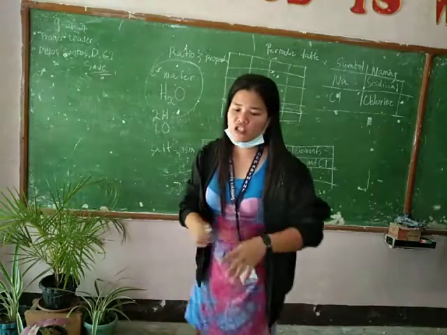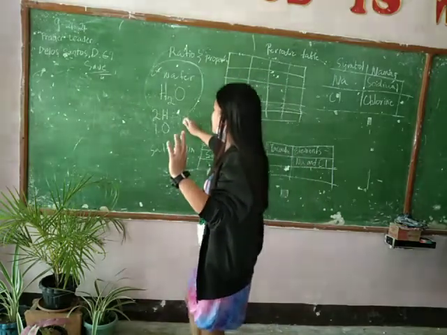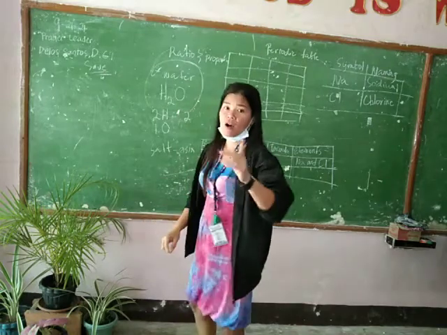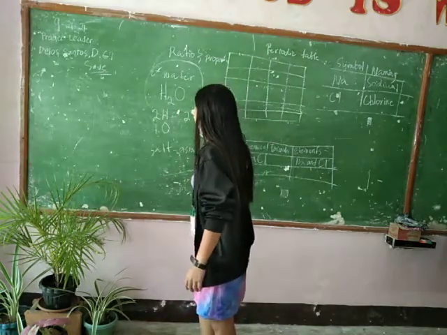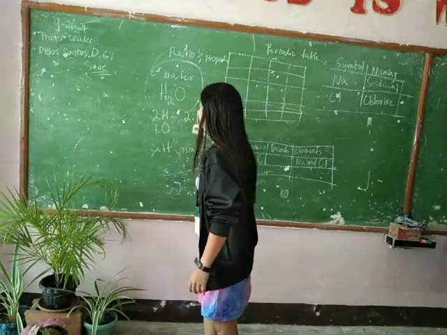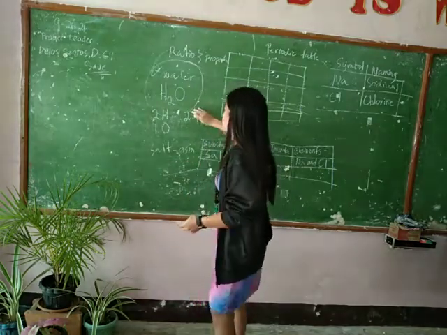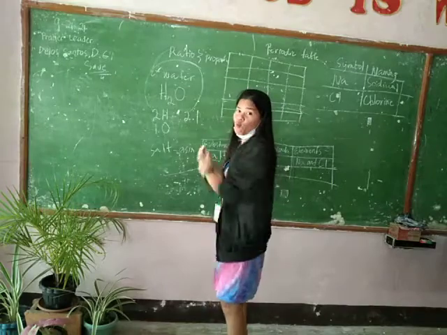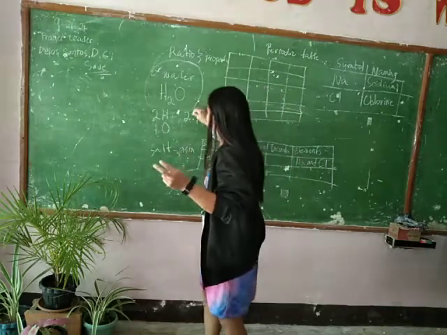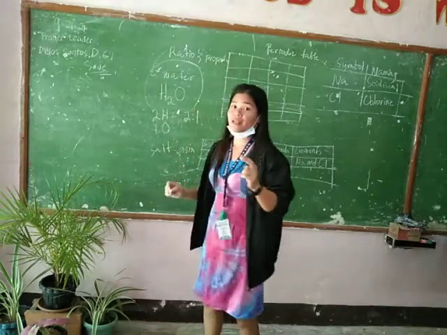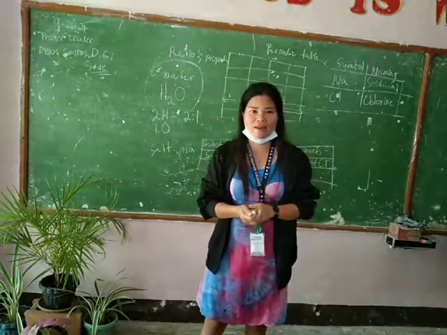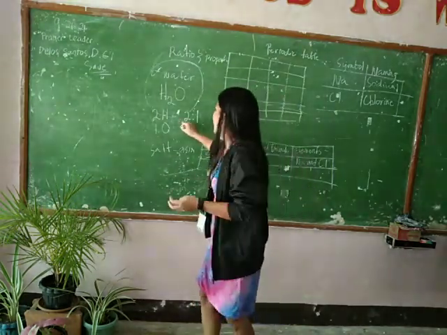So, sa H2O, the ratio niya is, ilan ang hydrogen? 2. Ilan ang oxygen? 1. 2 is to 1. Hindi pwede isang tuldok lang, kasi ang lalabas yun ay 2.1. Dapat ay dalawang tuldok, parang sa mathematician yan. So, 2 is to 1. Yan ang pagsulat ng ratio.